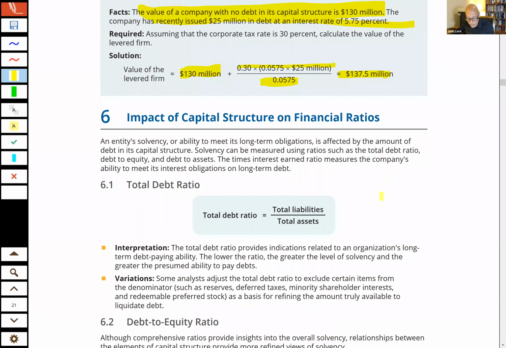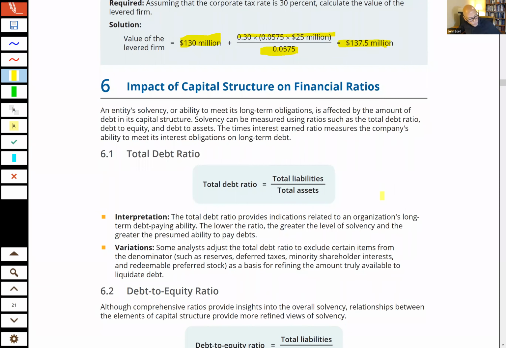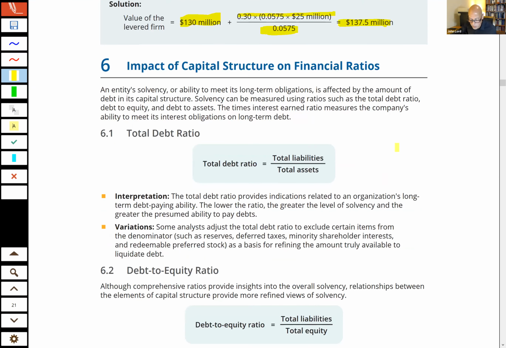Okay, good. I think we can take a quick break here. We'll take the break after our next multiple choice question, because really all we're looking at is how capital structure will impact some key financial ratios. An entity's solvency, or ability to meet its long-term obligations, is affected by the amount of debt in the capital structure.